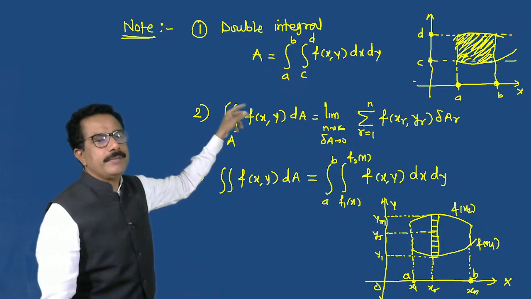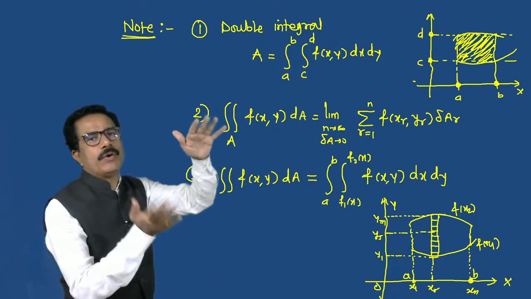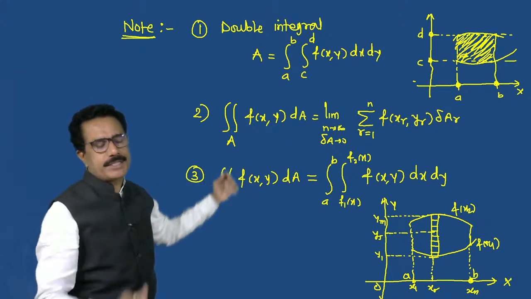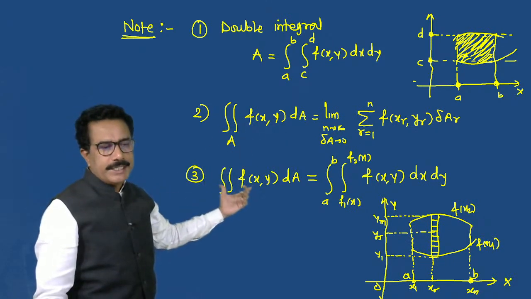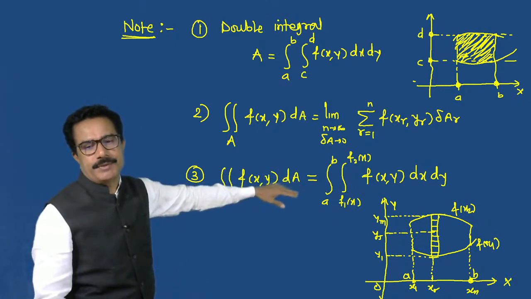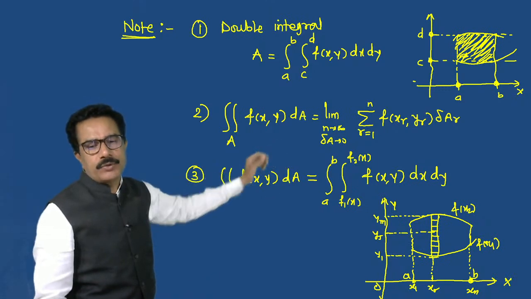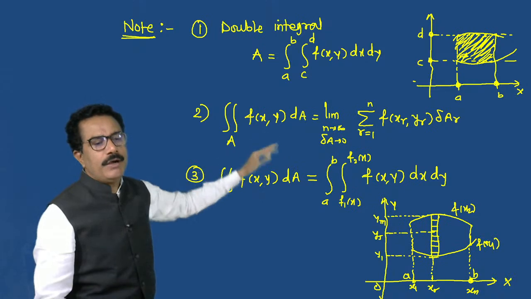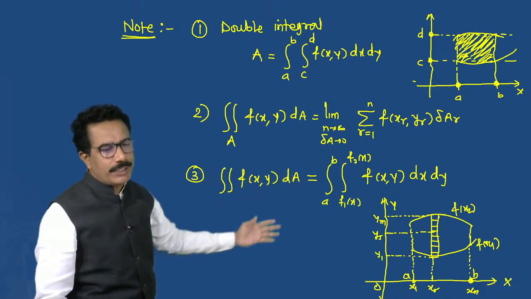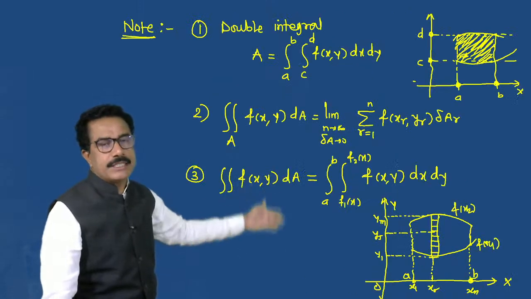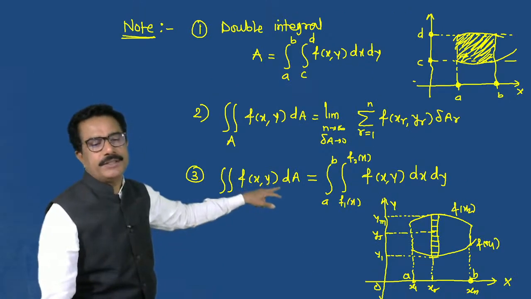Double integral means we have to find out the area bounded by the curve, that is double integral which is in the form of a summation. Double integral we can express in the form of integration. First integral from a to b, second integral from f1 of x to f2 of x, f of x comma y dx dy. Now we shall discuss the limit, and if the strip is a vertical strip, then we can write in this way.